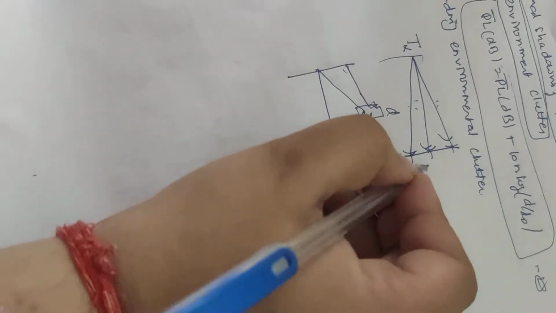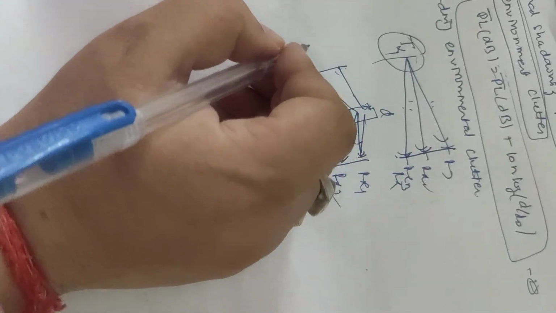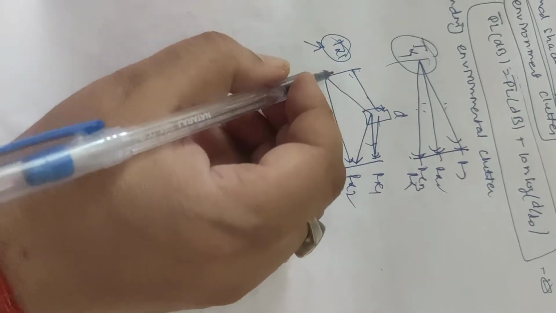This is receiver 1, receiver 2, receiver 3. Only one user is there in the form of the transmitter.